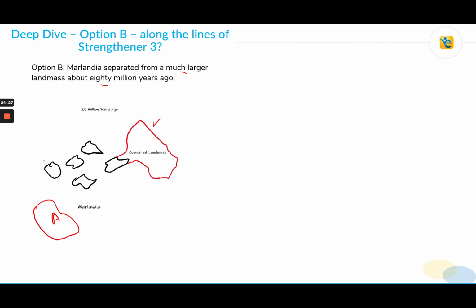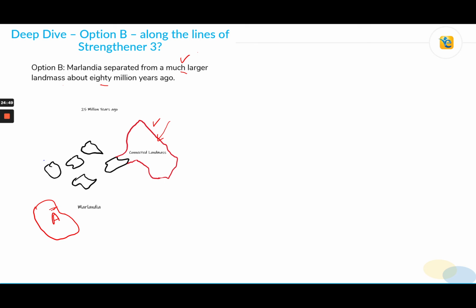Just the fact that it separated from a larger landmass 80 million years ago, does it necessarily mean that 25 million years ago Marlandia was not connected to some other large landmass? Not necessary, right? Or in other words, even if option B is true, the possibility of land migration still exists.